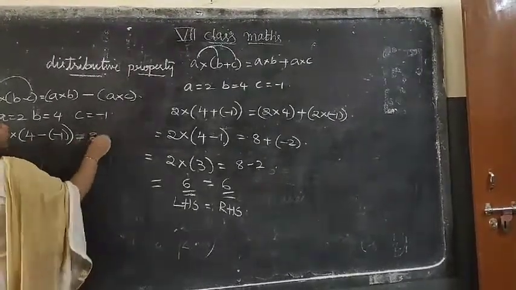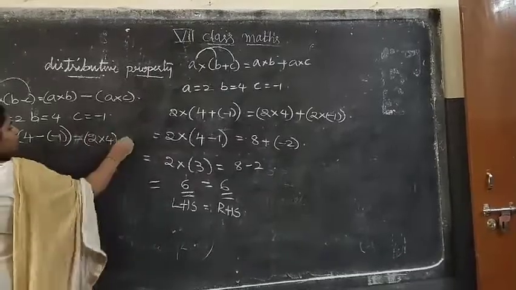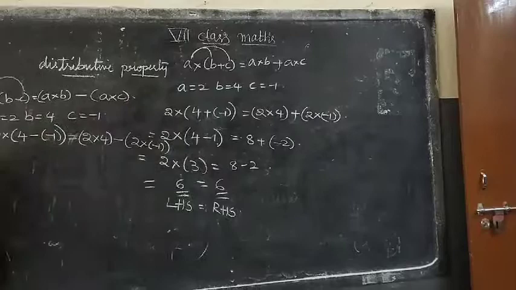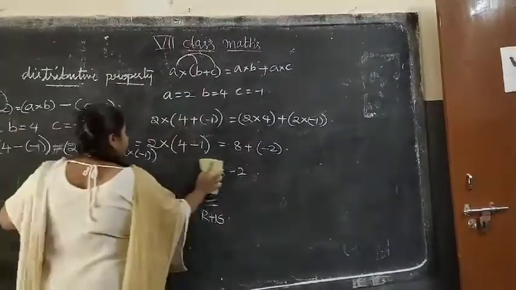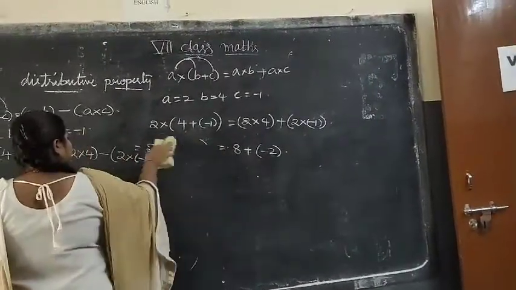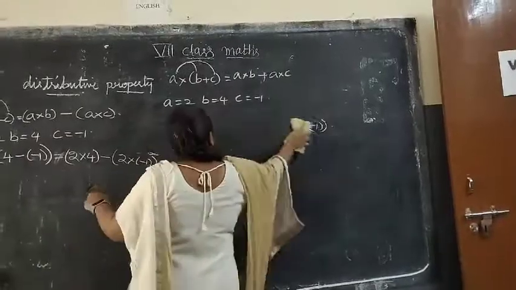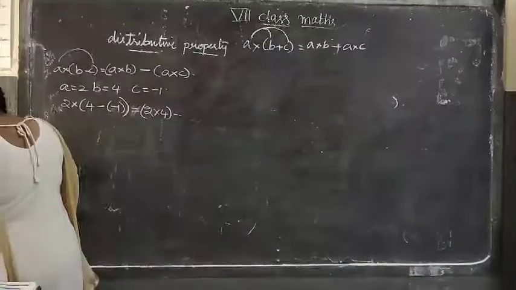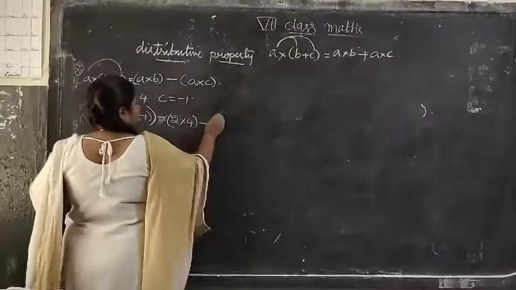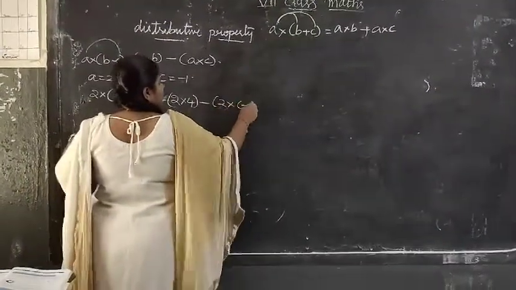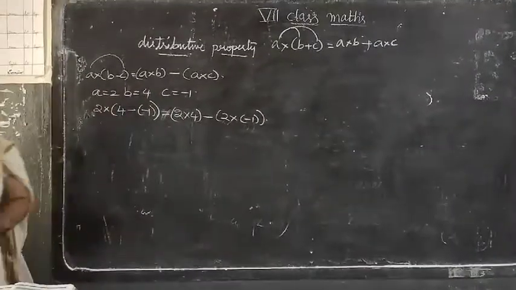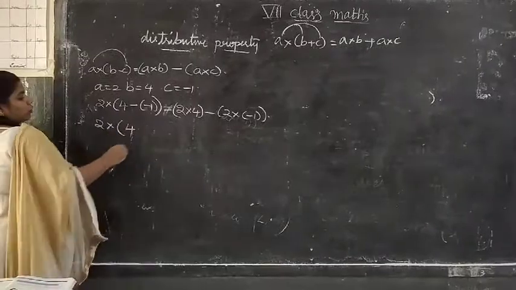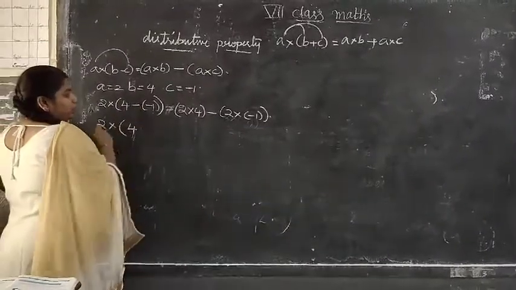That is 2 into 4 minus 2 into minus 1. Just solve this. 2 into 4. Double signs we are having, make it a single sign.